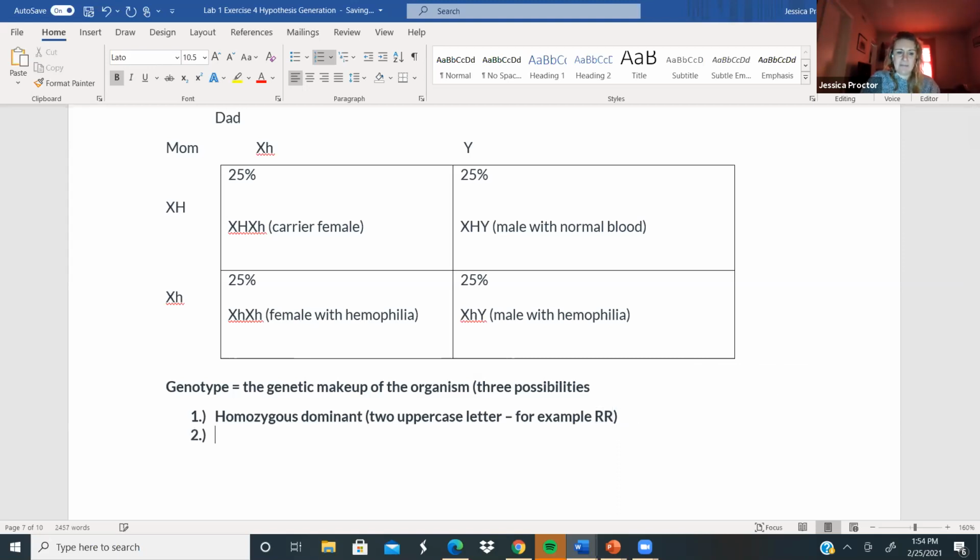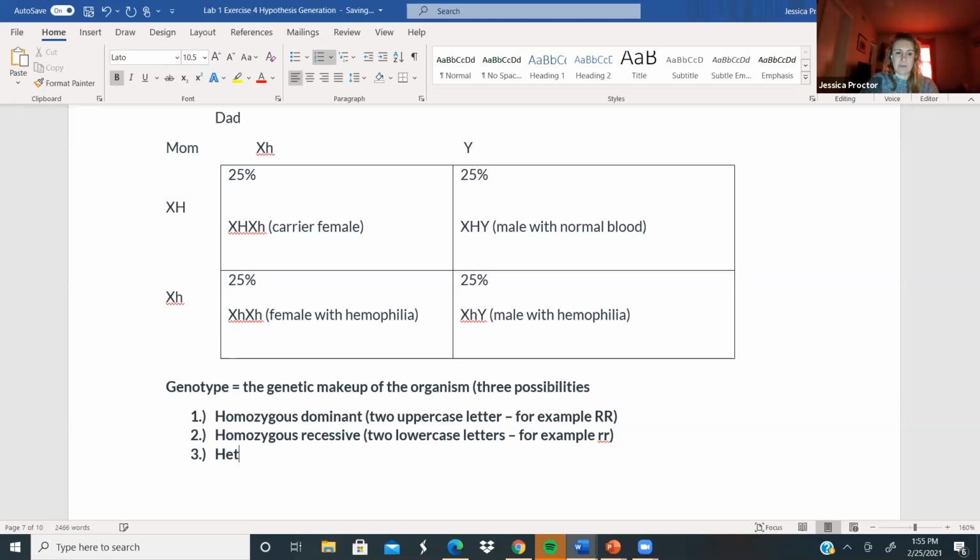The second possibility is homozygous recessive, represented by two lowercase letters. If you get a recessive allele at the locus that determines tongue rolling from both mom and dad, then you are homozygous recessive and you are a non-tongue roller.